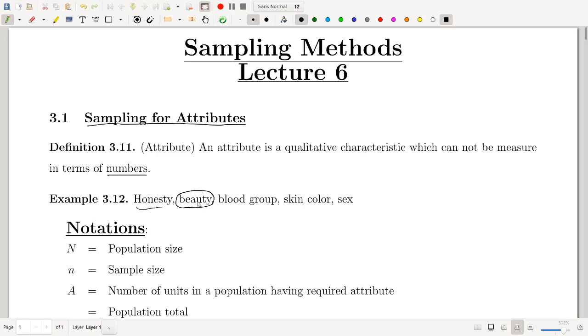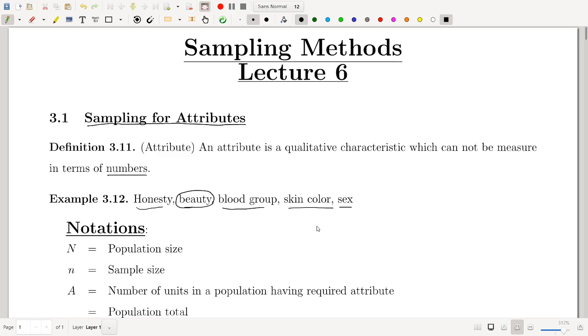We cannot measure beauty in numbers. Or we can say blood group, skin color, or sex, male or female. These are all attributes. An attribute cannot be measured in terms of numbers, but variables we can measure in terms of numbers.